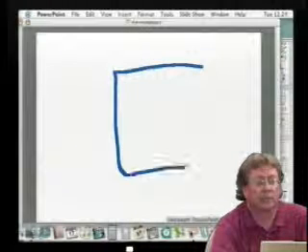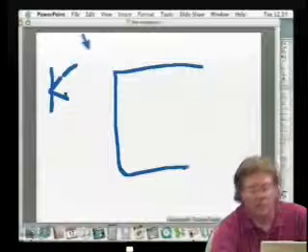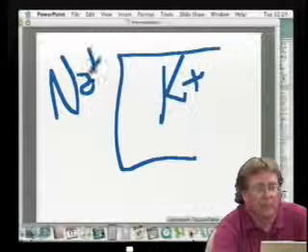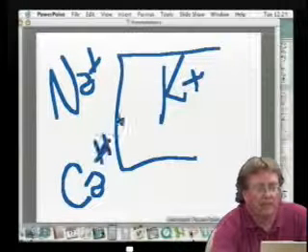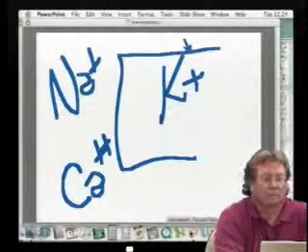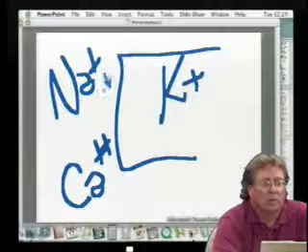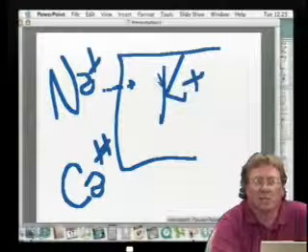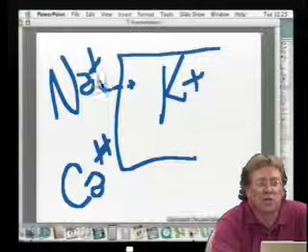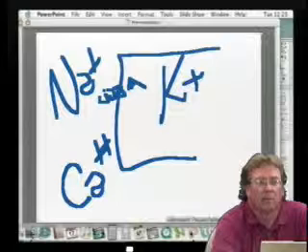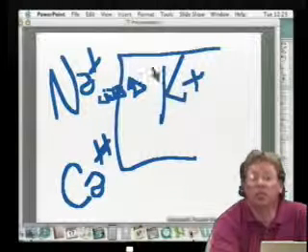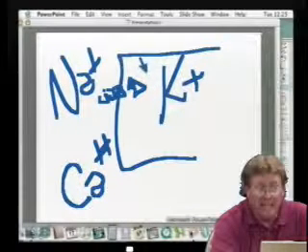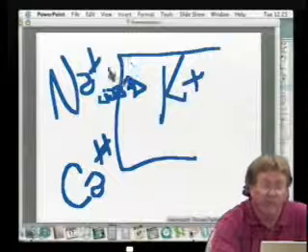So again, here's our cell. High potassium, high sodium, high calcium. Slow depolarization. A little bit of sodium leaking in causes the inside to become a little bit more positive. When it reaches threshold, poof, big opening in sodium. That is the depolarization phase. When the inside of the cell becomes positive, that gets shut off.